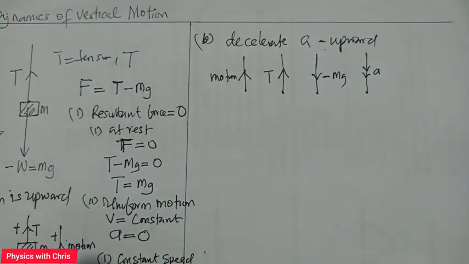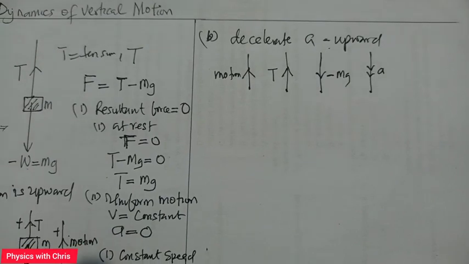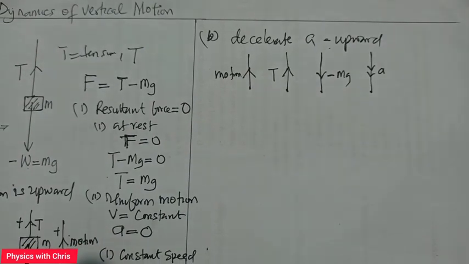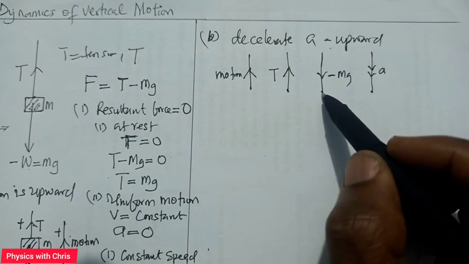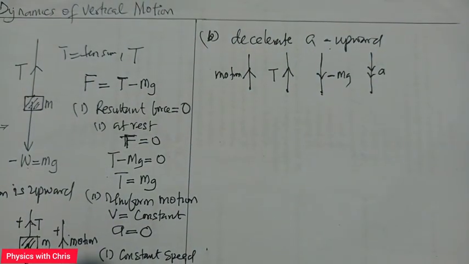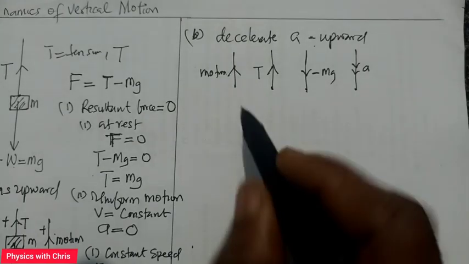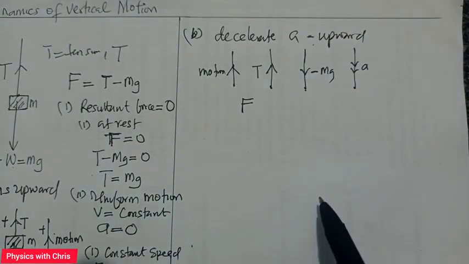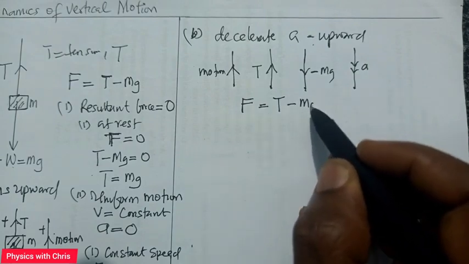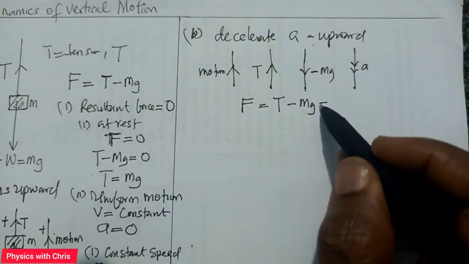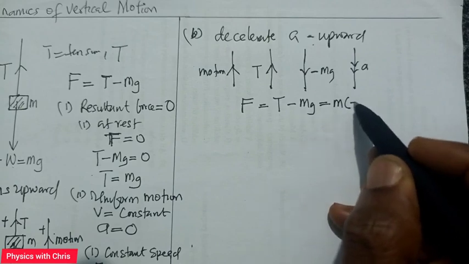So if positive is given to the direction that is upward, then the downward direction will be given a negative sign, meaning that the resultant force acting on that body of mass is positive for tension minus mg. From Newton's second law of motion, this equals mass times acceleration.